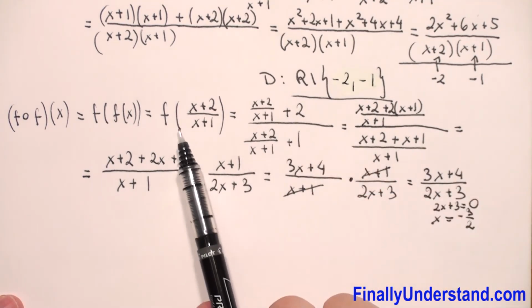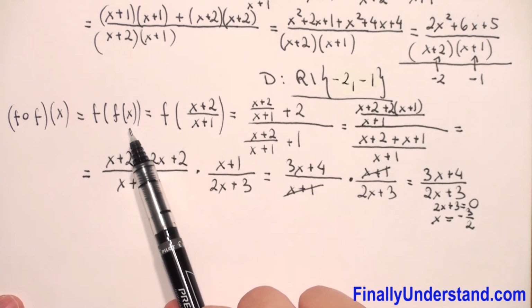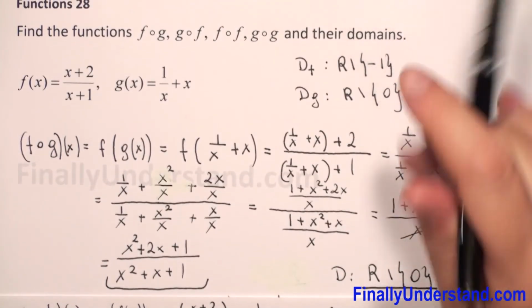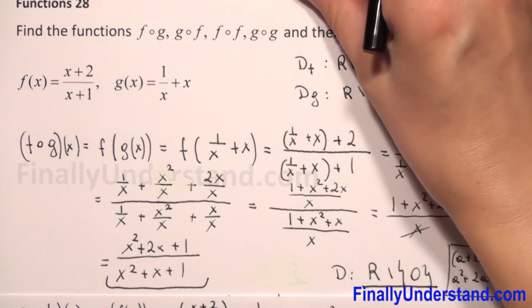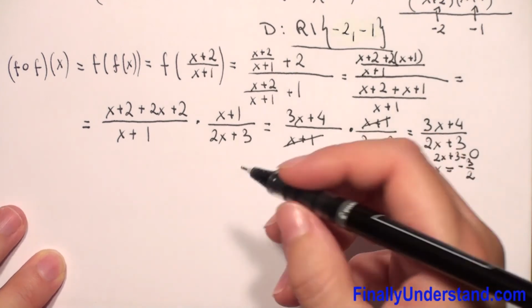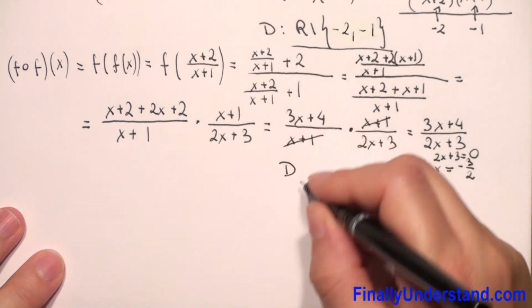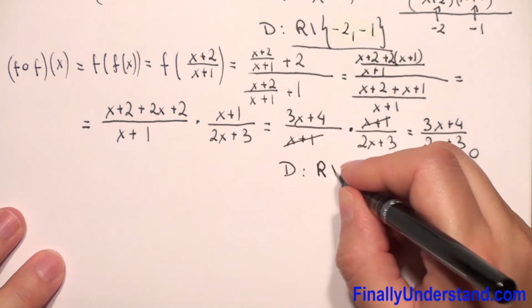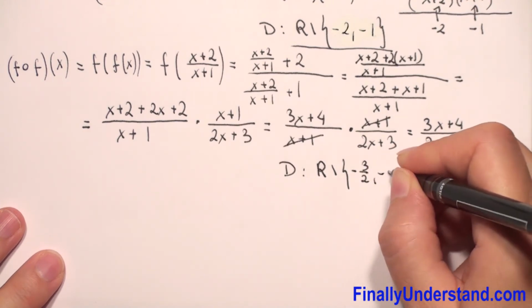And we have to check what we have here. We have f of x. The domain of f of x was all real numbers excluded -1. So it means we have to exclude -1 and -3 over 2. So the domain of the f composition will be all real numbers excluded negative 3 over 2 and negative 1.